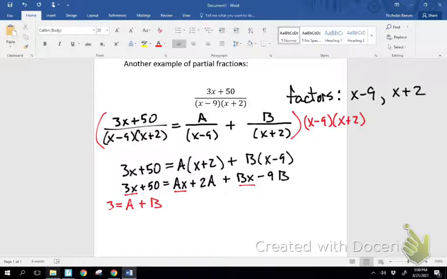Then make a mark on the leftovers. Really, there's only one set of leftovers, the constants. We have a 50, we have a 2a, and a negative 9b. And that creates another equation. Whoops, that's a minus.